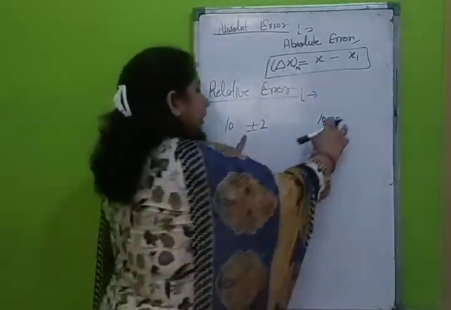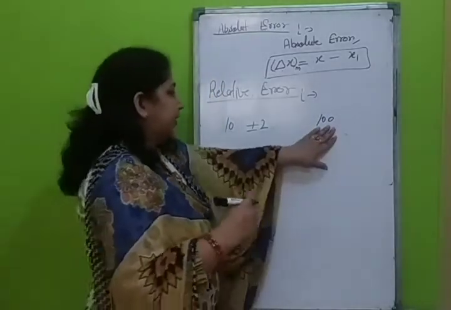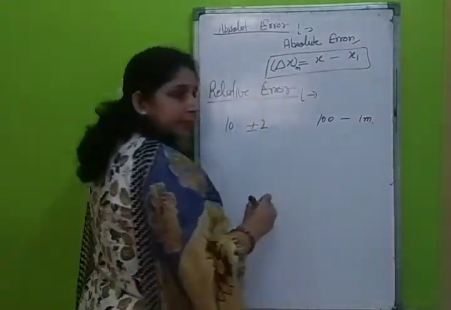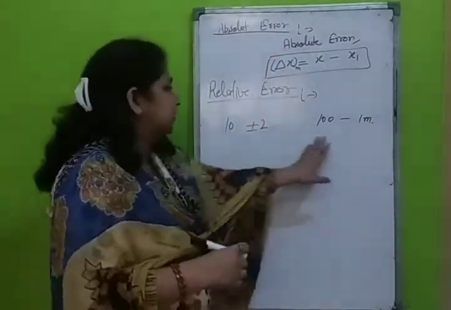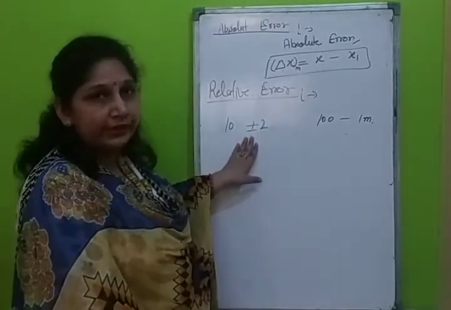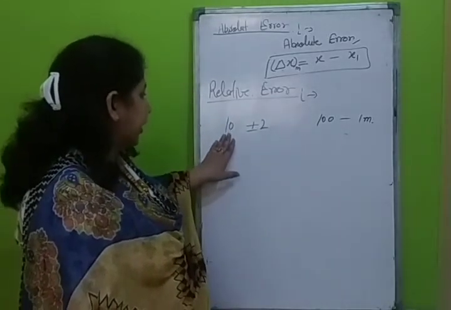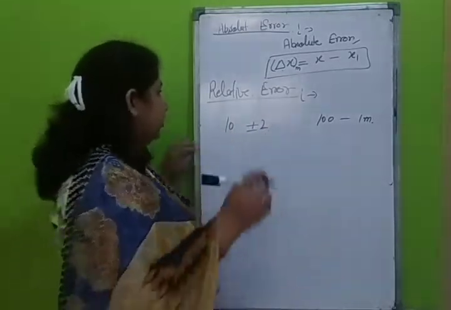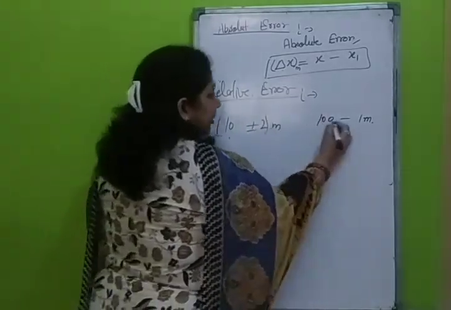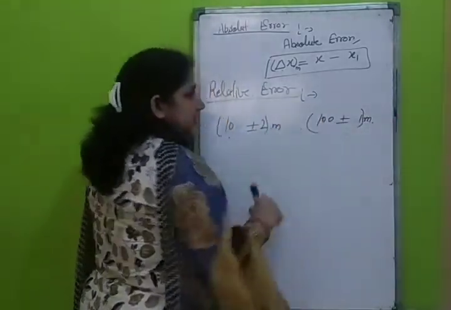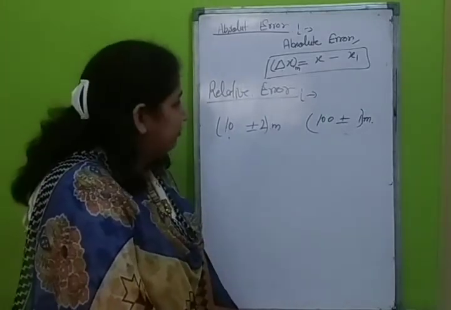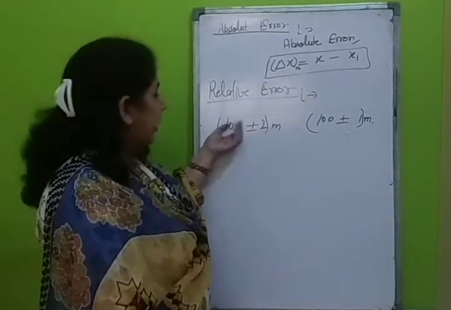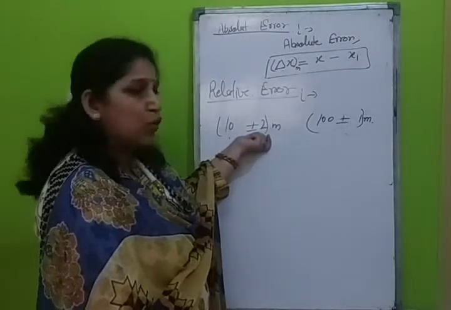In 10 meter it has 2 meter error and in 100 meter it has 1 meter error. Got it? Which person takes the more accurate reading? The person who takes 10 meter distance with plus minus 2 error, and the other person takes 100 meter distance with plus minus 1. Then which person has the minimum error? This person has more error, as in 10 meter it has 2 meter error.